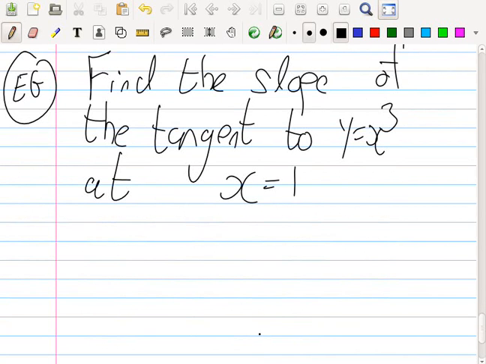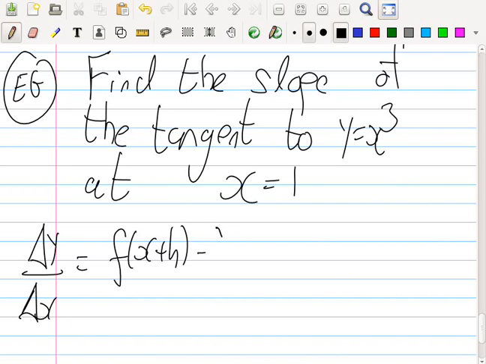Okay, so using our formula, delta y over delta x equals f(x plus h) minus f(x) all over h. What's the function here? It's x cubed. So I put x plus h into x cubed, and what do I get?